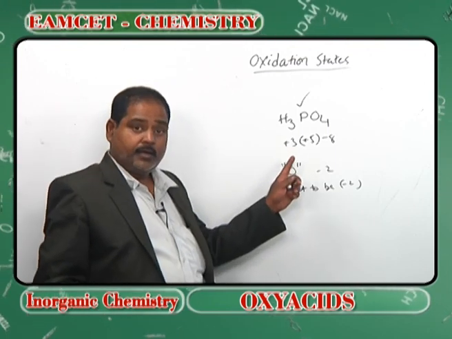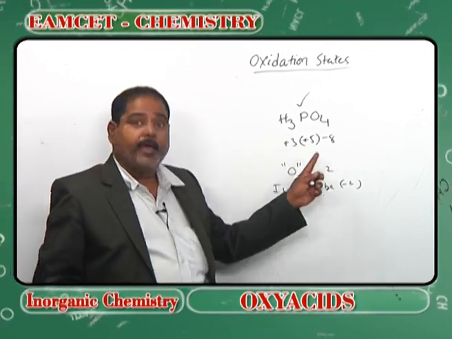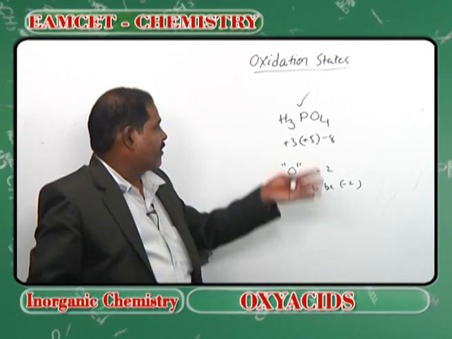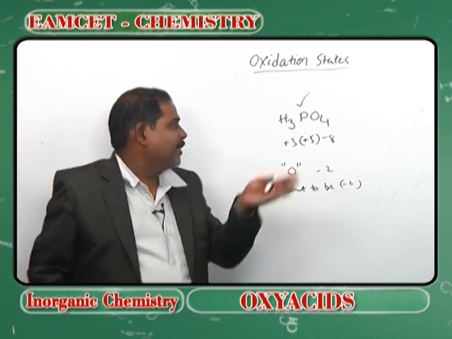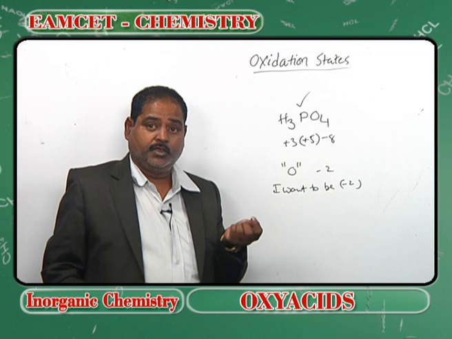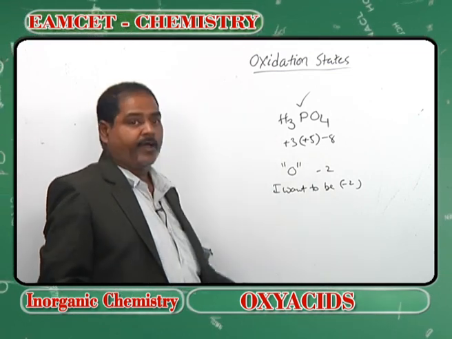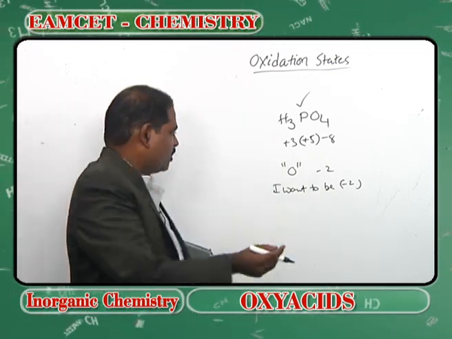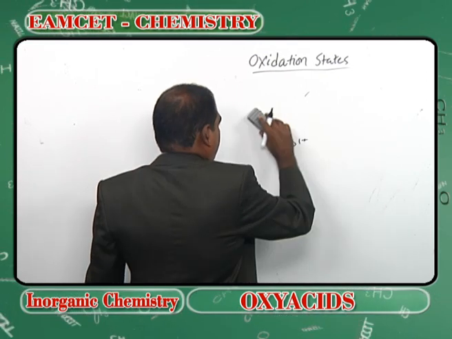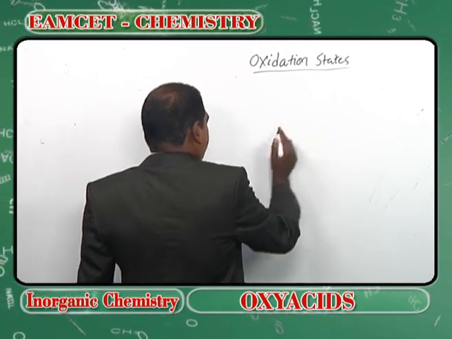When will they object? When they are made to pay more than their capacity. Here phosphorus can pay 5 electrons and it is paying 5 electrons, losing 5 electrons. Suppose phosphorus is made to pay more than 5, then they will request oxygen, please change your state. A bargain will be there.